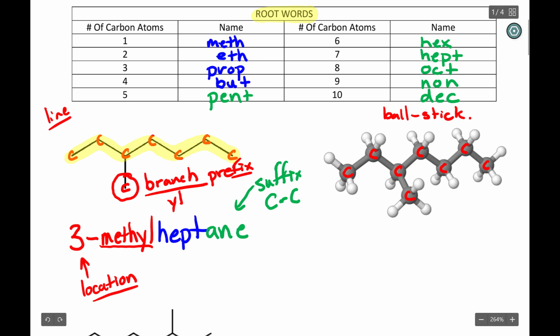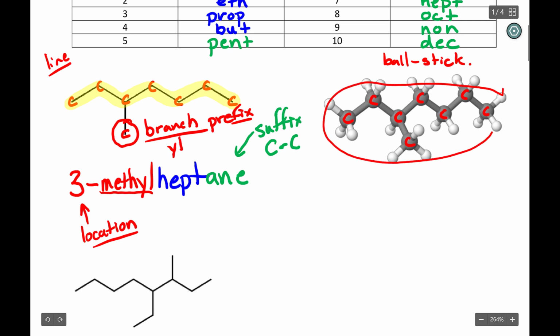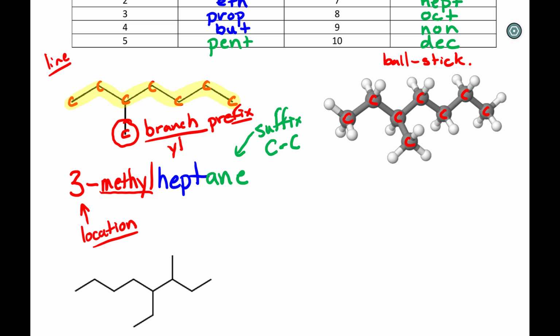So numbering it from left to right, I have a 3, which keeps the numbering as low as possible. If I went from this side, it would be 5-methyl, and that's considered incorrect. So this is the exact same name here. This would be called 3-methyl heptane. It's just a different diagram of the same molecule.